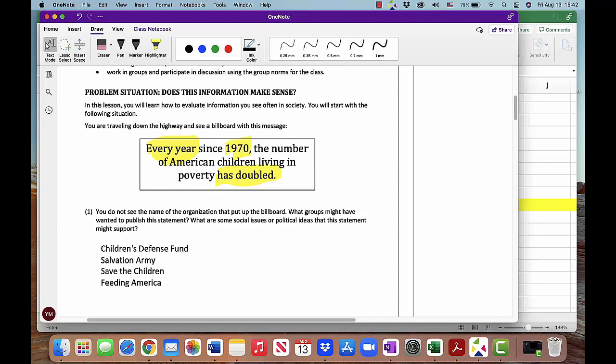Just get rid of the words every year. Just remove it. And then it would make sense. I mean, it just doubled one time. So there were several thousands of children living in poverty in 1970. So that number got multiplied by 2 one time. And that will possibly make sense. Alrighty, and that concludes the first lesson.